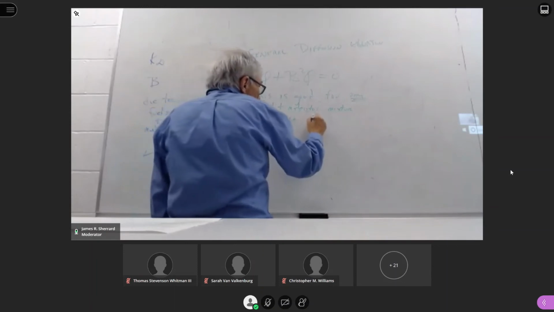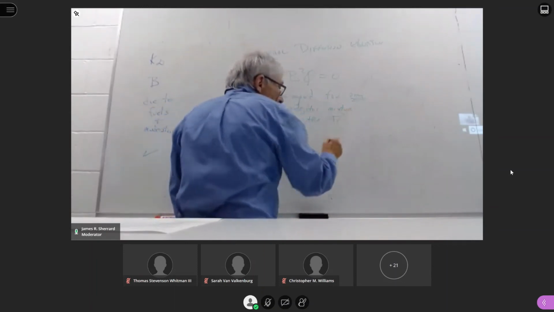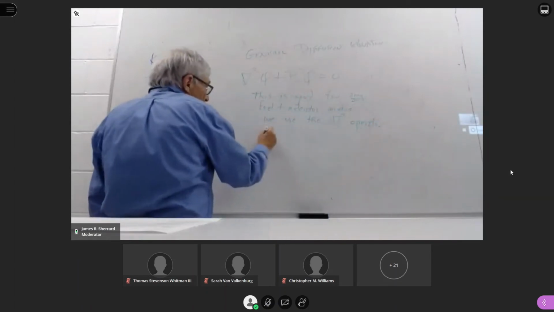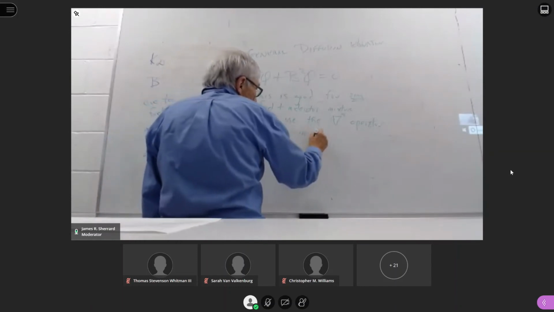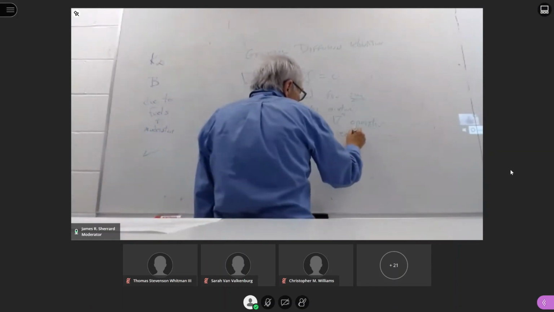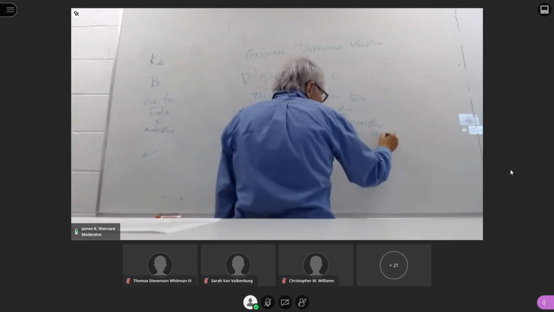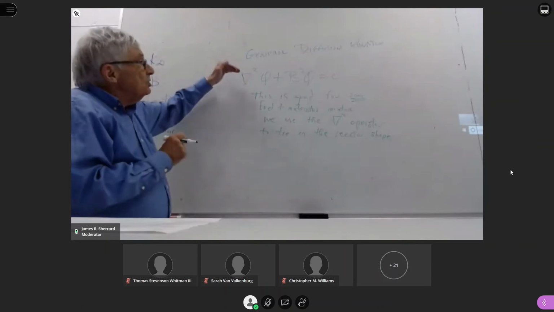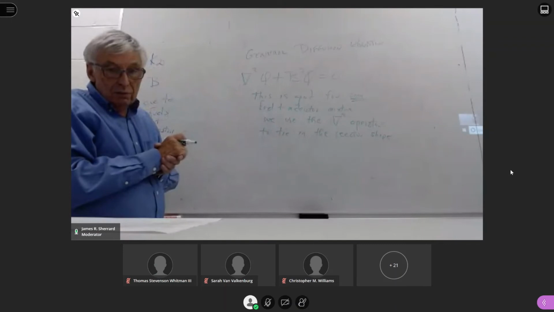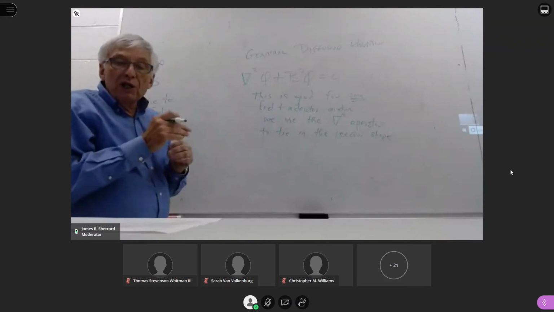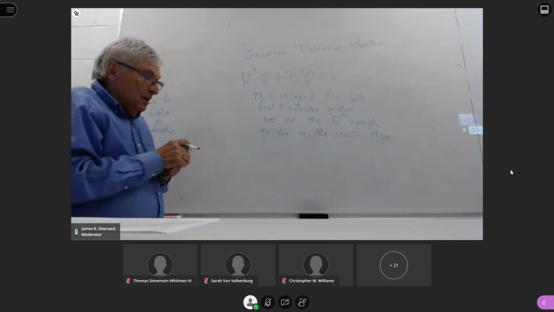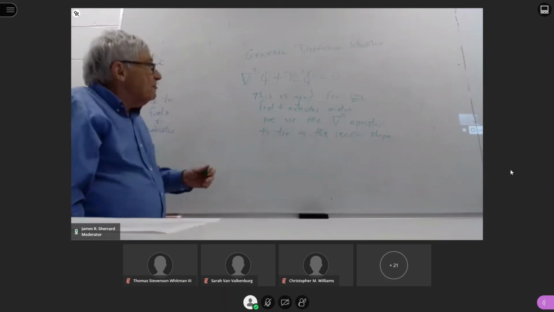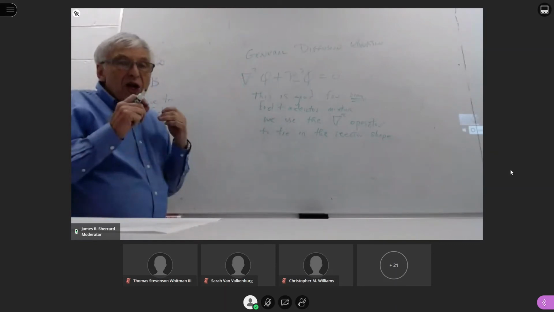We use the del 2 operator to tie in reactor shape. So no matter what I give you for fuel and moderator mixture, this is the governing general diffusion equation. No matter what shape you're asked to put it in, a cylinder, a sphere, a cube, whatever it is, this is still the expression that covers everything.